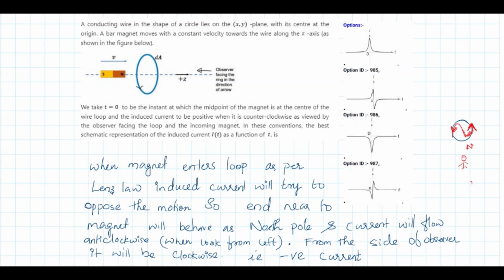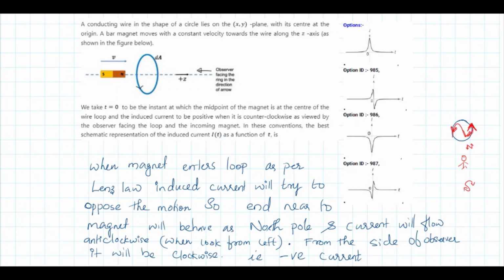That is the easy way in which you can understand the pole of a circular loop. If in a circular loop the current flows in the anti-clockwise direction, that will behave as north pole, and if the current flows in the clockwise direction, then that will behave as south pole.